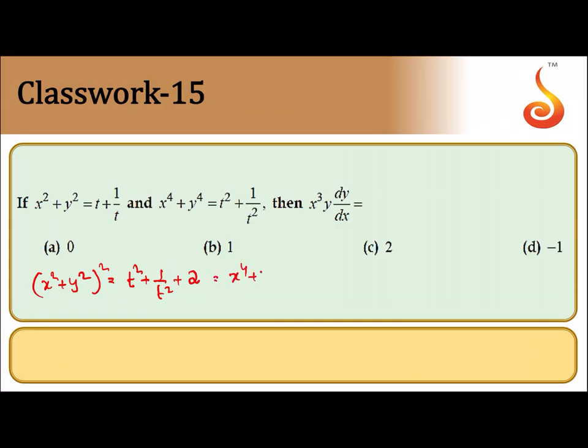Example 15. x square plus y square is t plus 1 by t. We square both sides. (x square plus y square) whole square equal to t square plus 1 by t square plus 2.